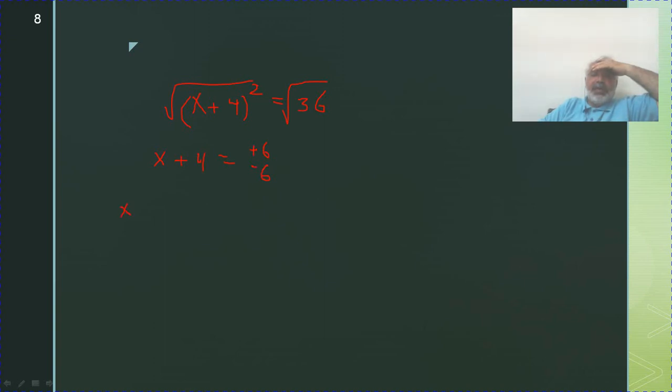So I'm going to say either x plus 4 equals 6. This means that x equals 6 minus 4, and x equals 2. This is the first solution. See, we have the same solution. Or I may say x plus 4 equals minus 6. Then x equals minus 6 minus 4.